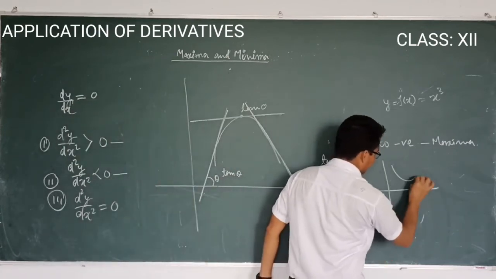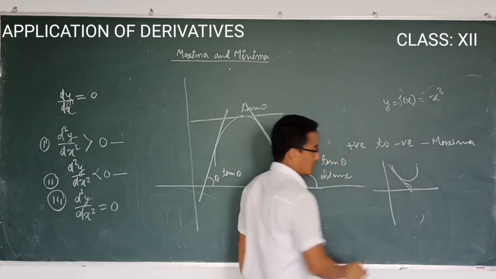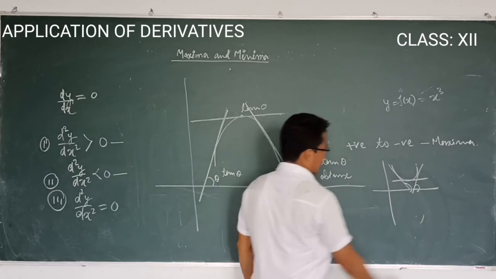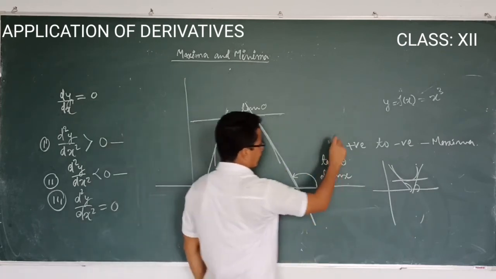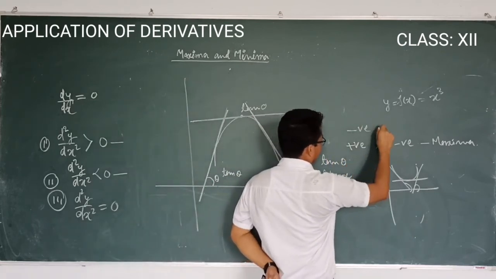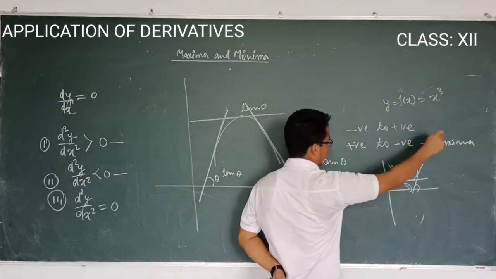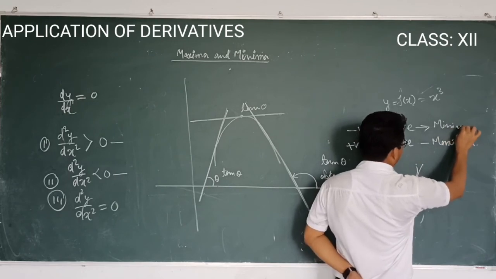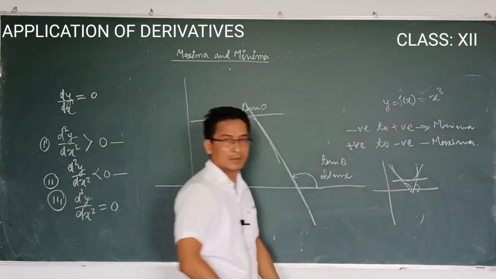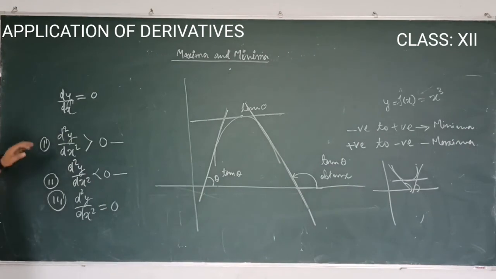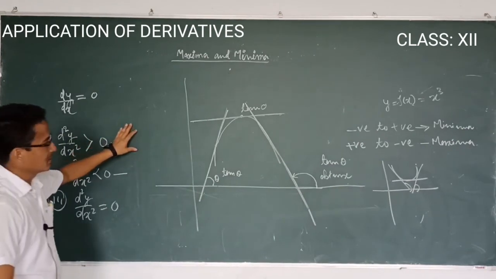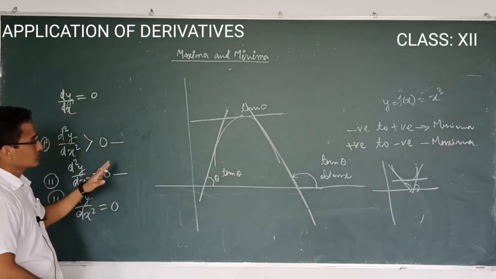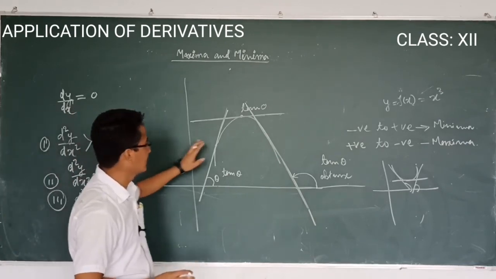Maximum. In the same way, if we draw it like that, we get an obtuse angle and then an acute angle. So when we travel from negative to positive, we get a minimum. Let's see once again.